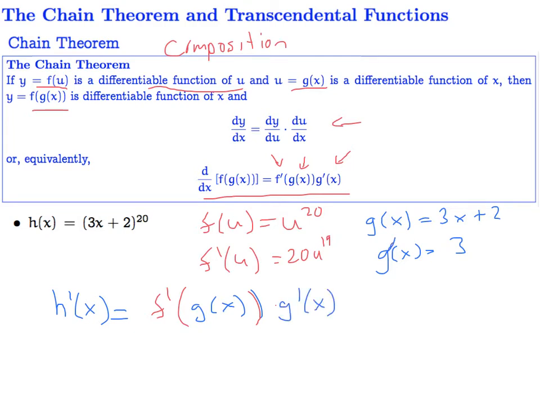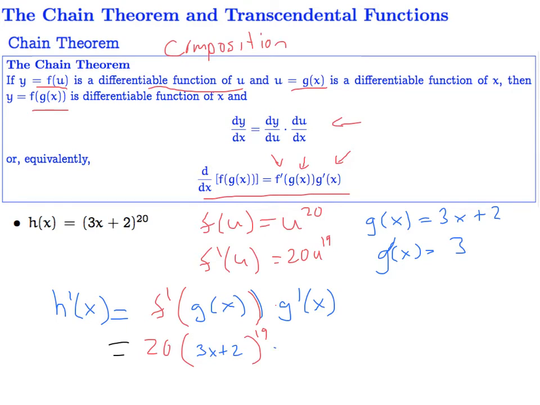Whoops, forgot a derivative back there. Sorry about that. Now I can simply replace. My f prime function is 20u to the 19th, so this becomes 20. And inside those parentheses, that's my u, that's where I need to put g(x), which is 3x + 2.